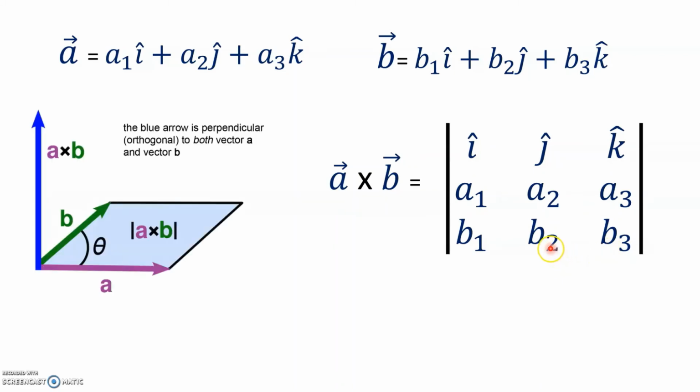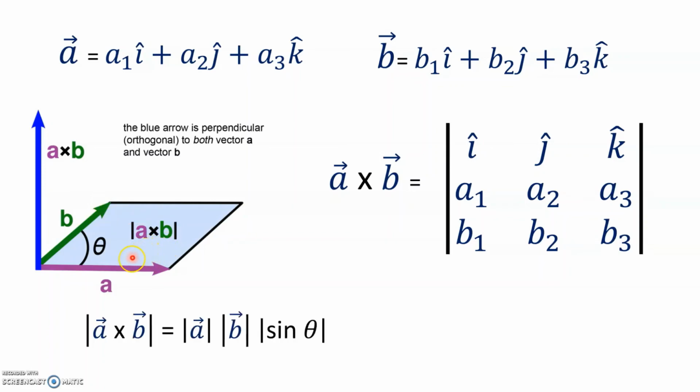And to find the magnitude of the vector A cross B, if you draw a parallelogram using A and B as two sides of the parallelogram, then the area of the parallelogram is the magnitude of A cross B, right?